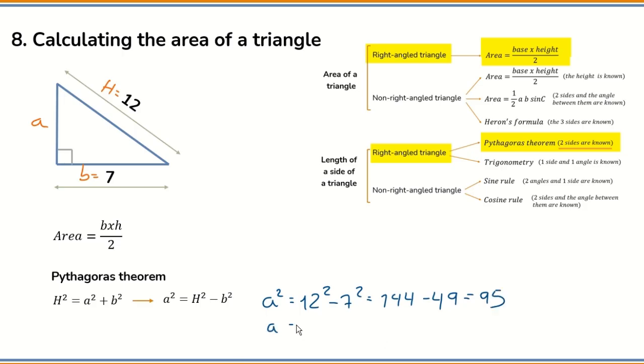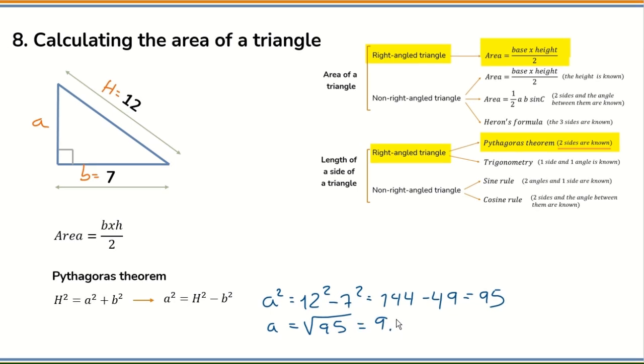So A will be the square root of 95, which is 9.75, and this is the height of the triangle. So now I can calculate the area. The base is 7 times the height, 9.75 over 2, and this is 34.125.